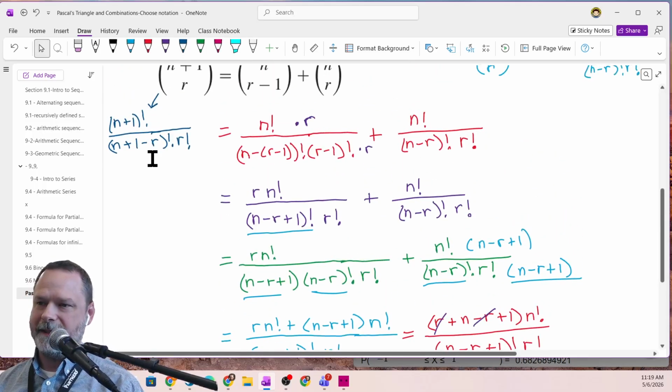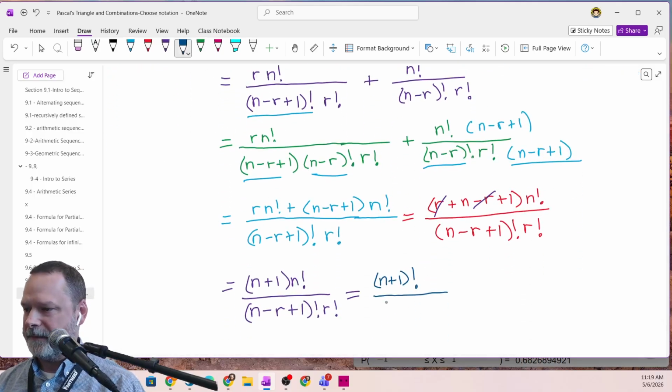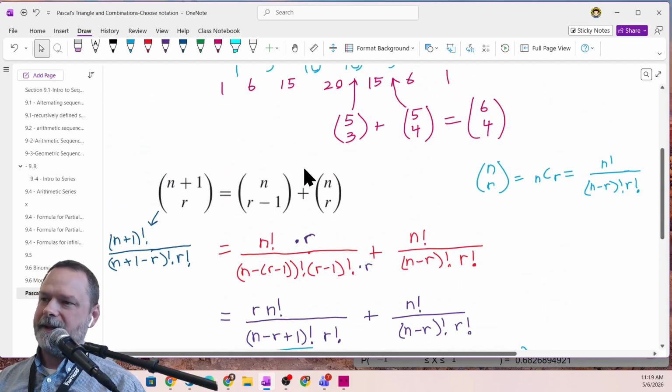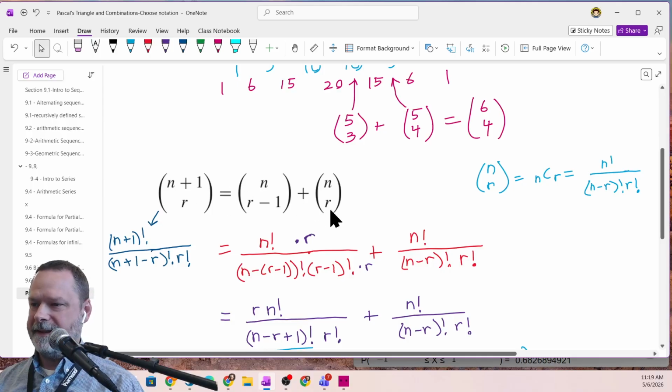I suppose we'll write it like this. n plus 1 minus r factorial r factorial. Okay. Well, guess what? Pascal's identity, this is true.